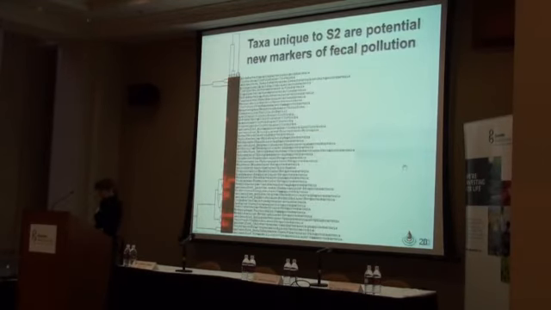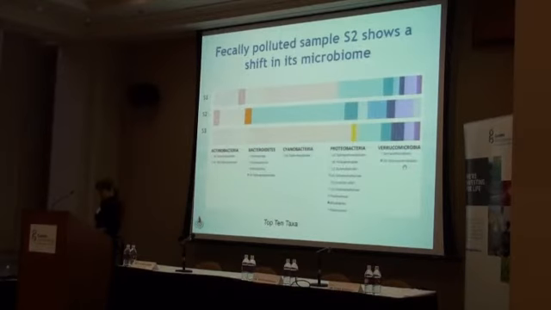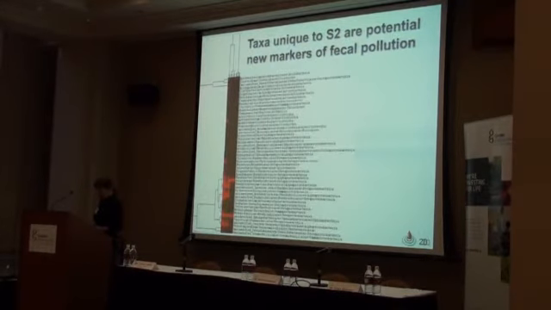In fact, it shows there is definitely a shift in the microbiome of the S2 sample versus S1 and S3 that involves bacteria. Just looking at the top 10 taxa, the most abundant species, we can really see a shift, and that gives us a lot of promise that we are going to be able to find some good markers of these fecally contaminated water samples.